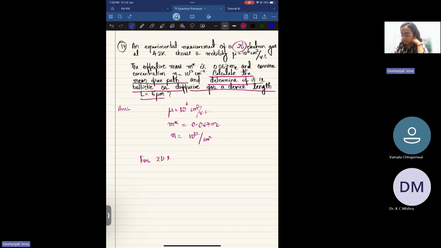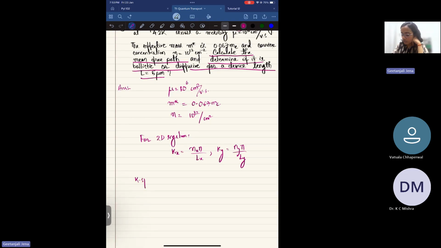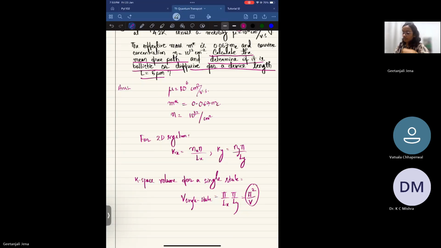So for a 2D system, we can take kx = nx π/Lx and ky = ny π/Ly. So the k-space volume for a single state would be (π/Lx)(π/Ly) = π²/V, where V is Lx × Ly; I think it's better if I write it as π²/A.